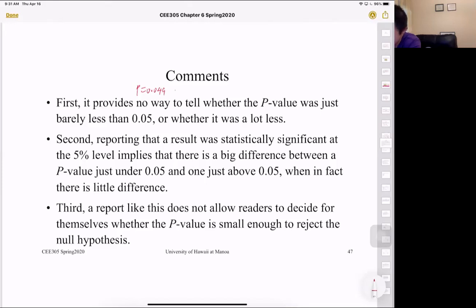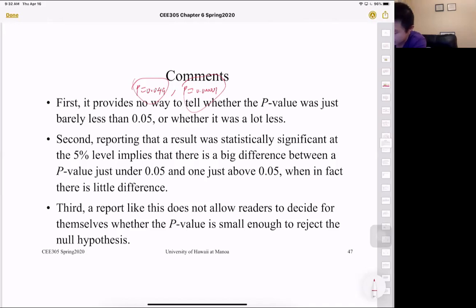The same conclusion we can draw for a very, very small p-value. It is also statistically significant at 5%, but there's a difference between these two p-values. So that's one reason.